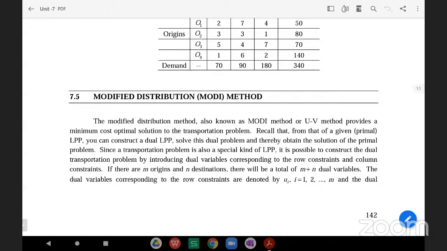Modified distribution method gives the optimal solution. Above the initial feasible solution, this initial solution is to be identified. We can get the optimal value by using this method, either stepping stone or modified distribution method. These 2 methods we will discuss in the next class.